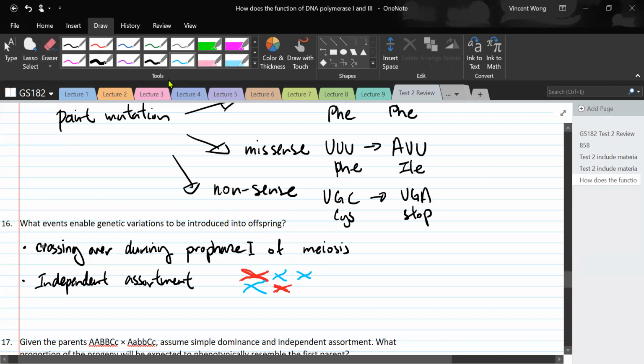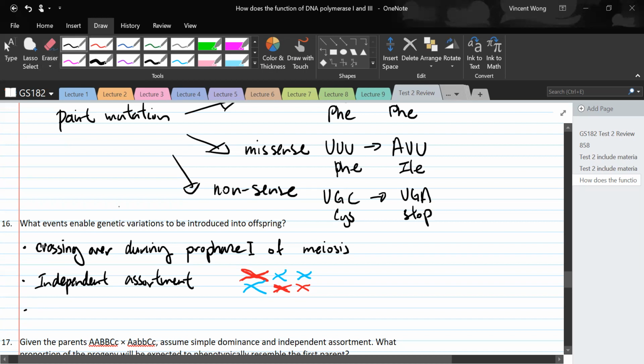Another one here. What I'm not showing in the picture is that it's not actually just red and blue. The genes have already been shuffled from crossing over, so it's a mix of red and blue, but then the orientation of each tetrad is also going to lead to some randomness as to which gene goes to which gamete.